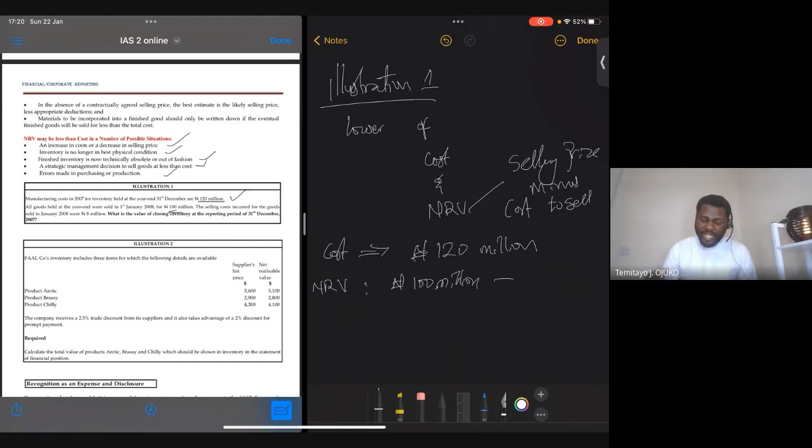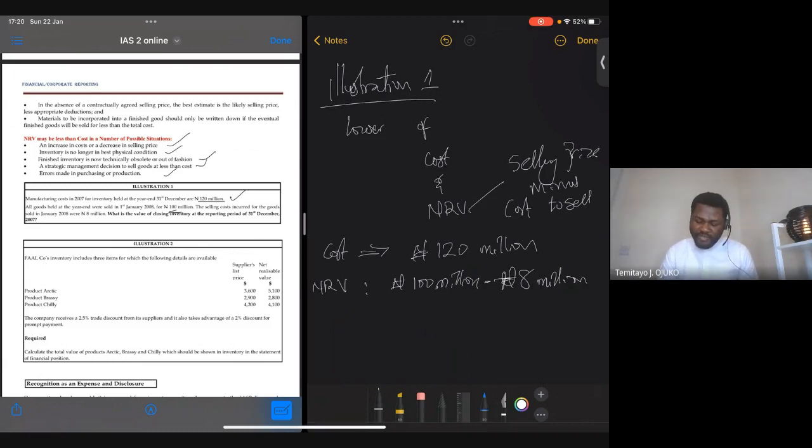And in this case, when they were selling this inventory eventually the following year for 100 million, they incurred a cost of 8 million. Now, in some cases, the examiner will tell you that it is an estimated cost. So it's not a problem, but just go along with what the examiner has asked you to do.